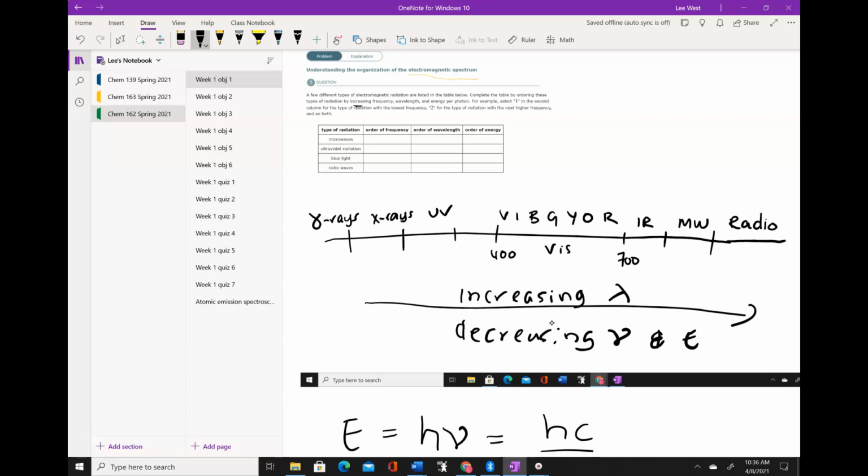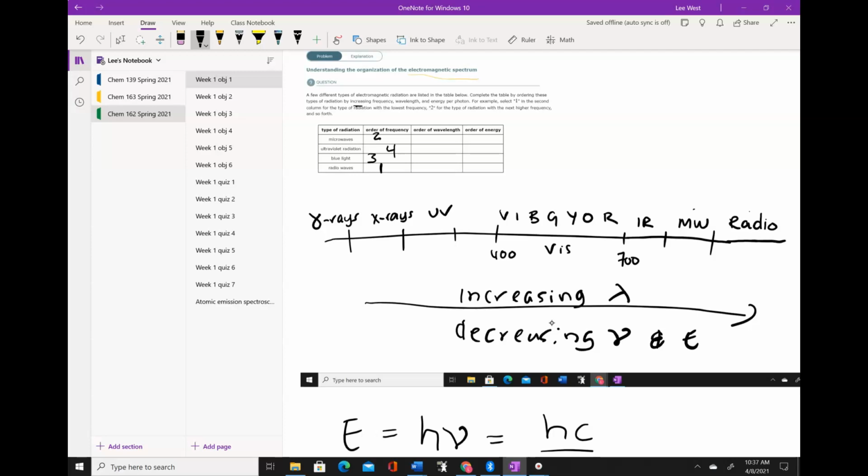Blue light, ultraviolet. So it's got to be radio, right? Radio is the lowest frequency, and then microwaves. Then keep going this way, blue light, number 3, and ultraviolet, number 4.